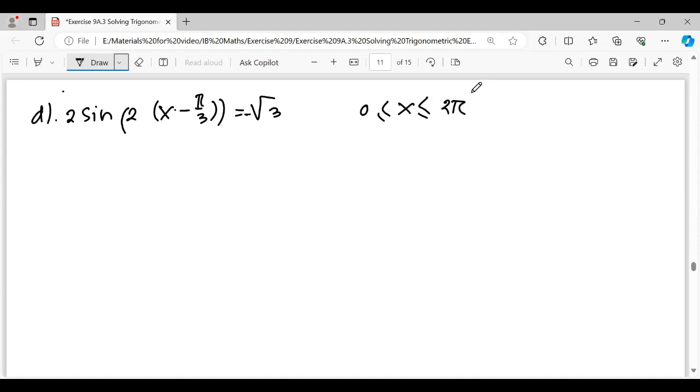Okay. I'm going to set the interval first. If x minus pi third, it means 0 minus pi third, 2 pi as well minus pi third.